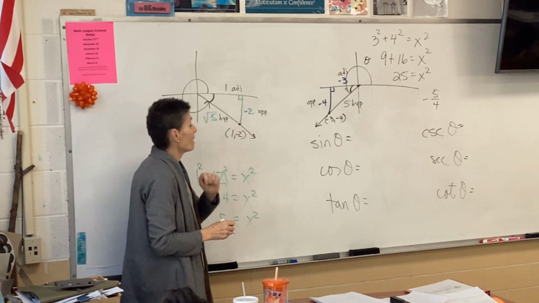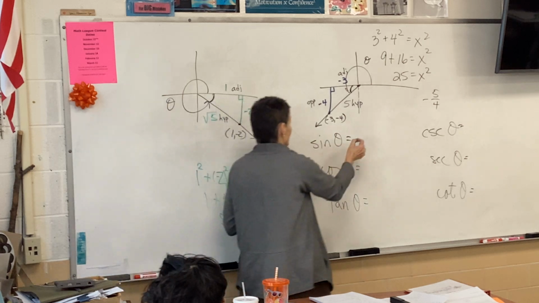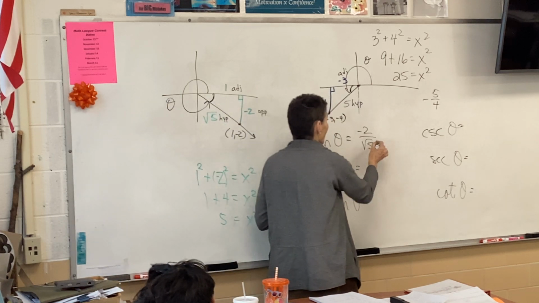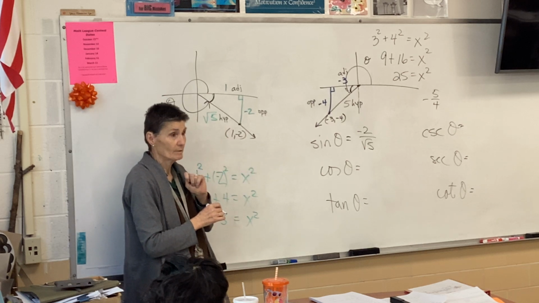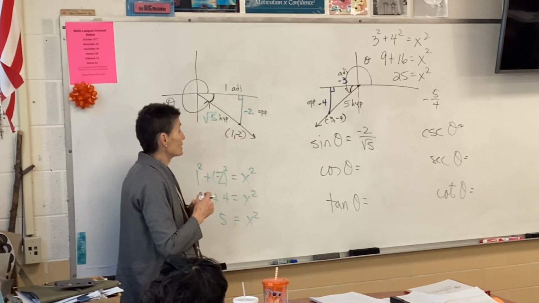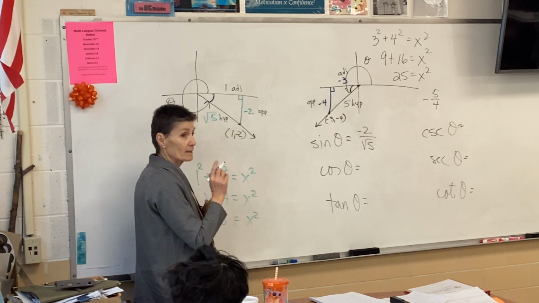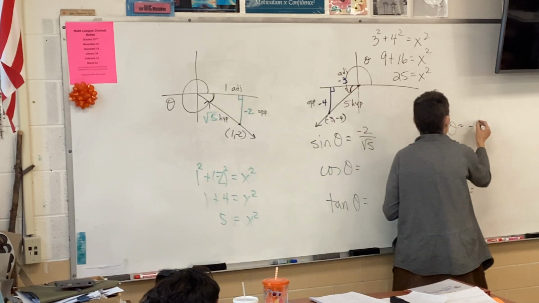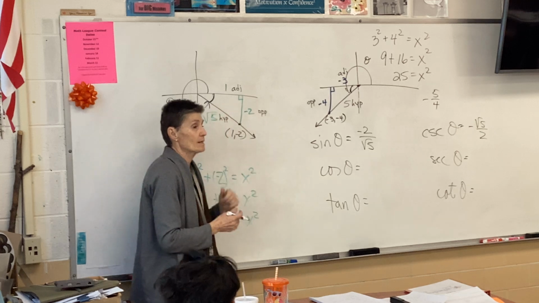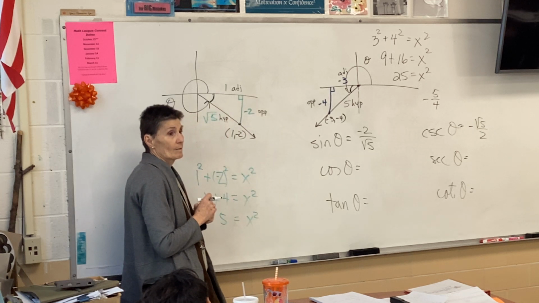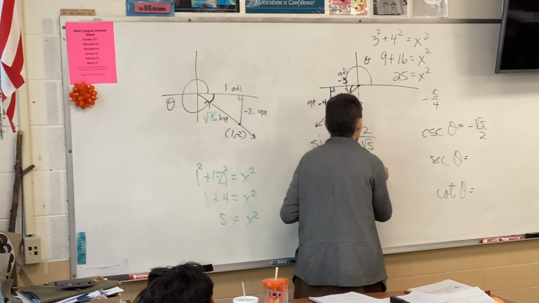All right, so what's my sine? -2 over √5. I know that needs fixed, but -2 over √5. How about my cosine? So that would be my cosecant. My cosecant would be negative root 5 over 2. What's my cosine? 1 over square root of 5.